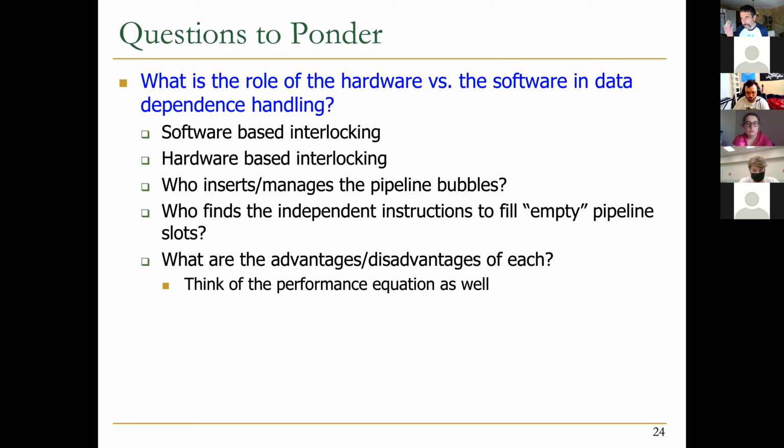A no-op is again an instruction that we inserted into the program. So we vary the number of instructions. And in the performance equation that you should already know, we had three components, one of which was the number of instructions, and software interlocking basically changes that. So obviously it varies the execution time, but the hardware solution didn't change any instruction. It didn't add the no-op instruction.